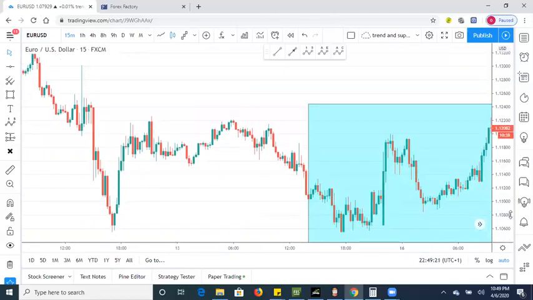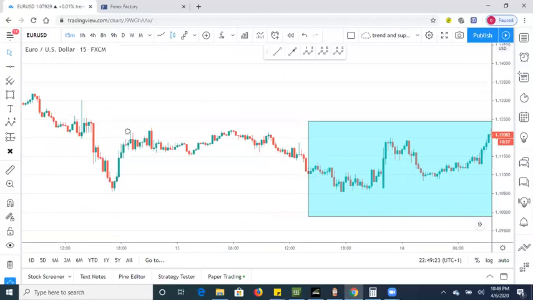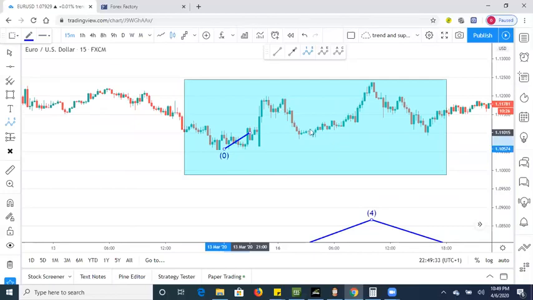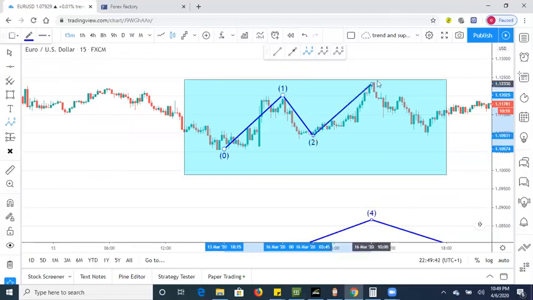Go to the 13th of March and see what we would have had in our shaded box. On the 13th of March in our shaded box, well, it looks something like an uptrend.